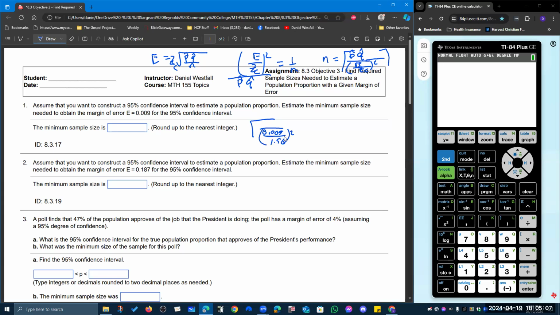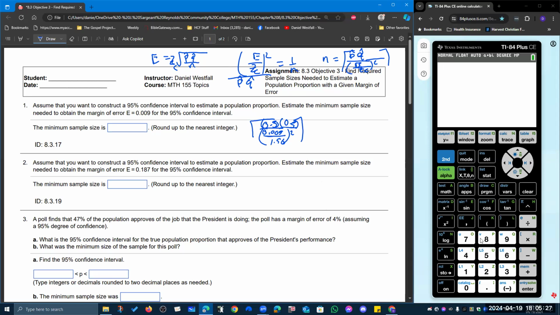We're going to square that, and they don't tell us p, so we're going to have to assume that it's 50%, because they don't tell us any better.